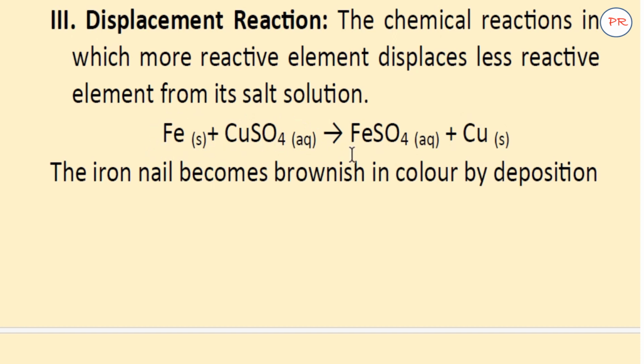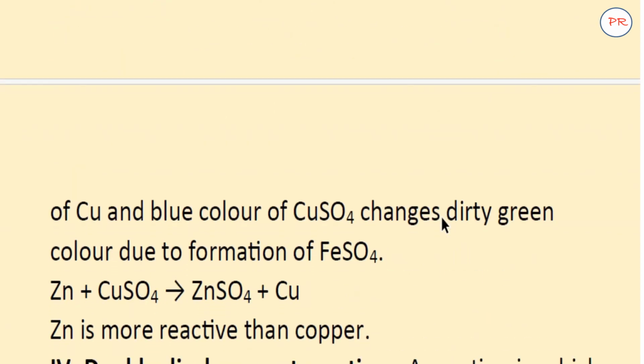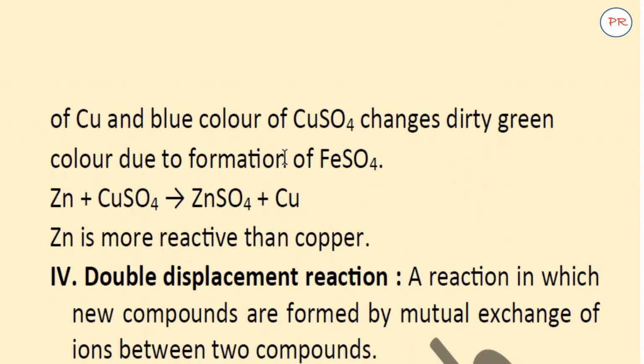After some time you will find that the color of the nail becomes brownish and the solution color changes to green because ferrous sulfate solution has formed, which is greenish in color, and that copper gets deposited on the iron nail. The very important blue color of the solution will change over here.